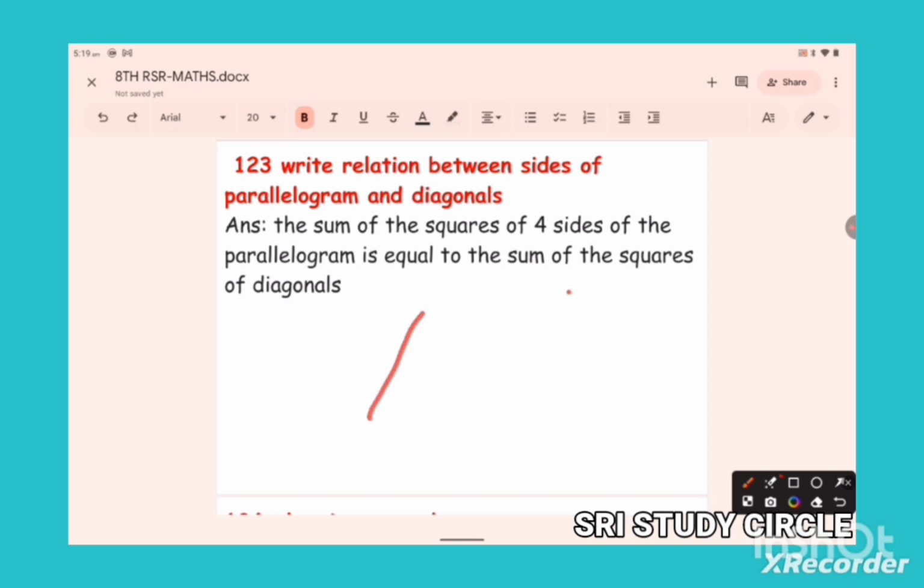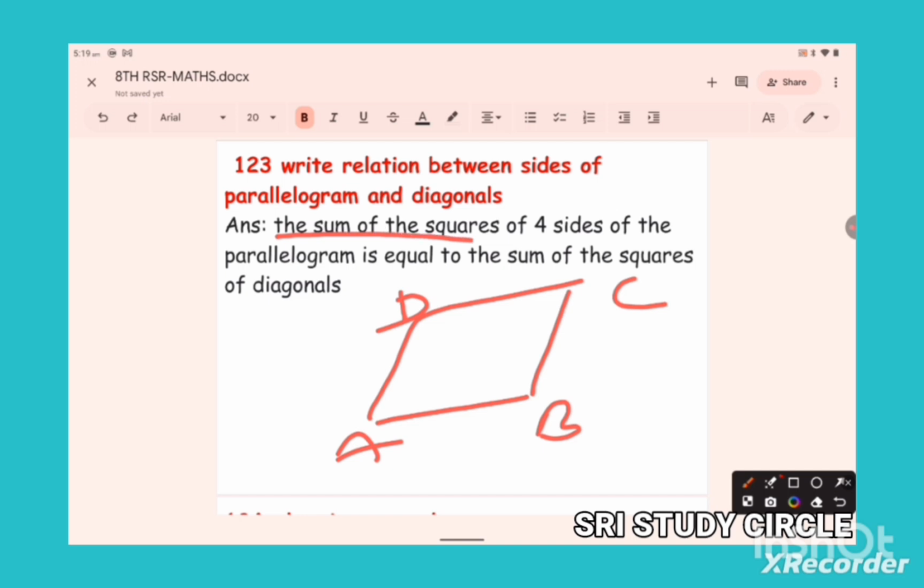Suppose this is one parallelogram, ABCD. The relation between sides and diagonals of a parallelogram: the sum of squares of four sides is equal to the sum of the squares of diagonals.